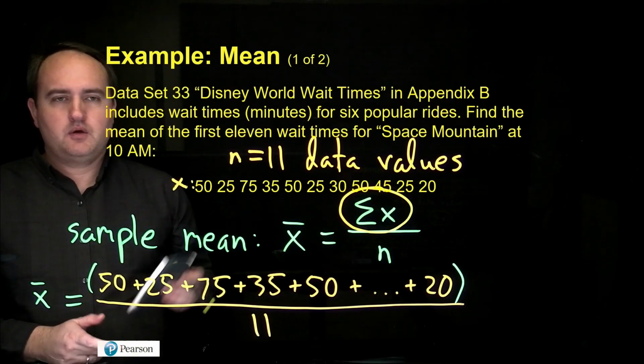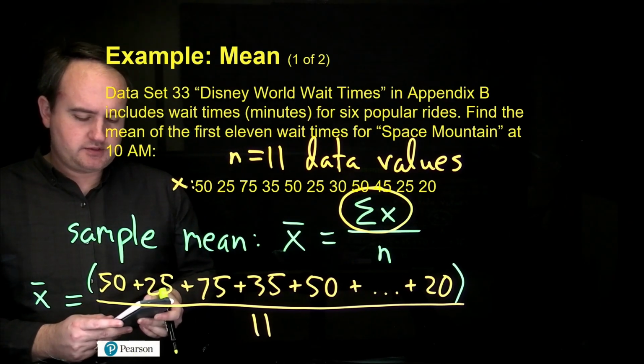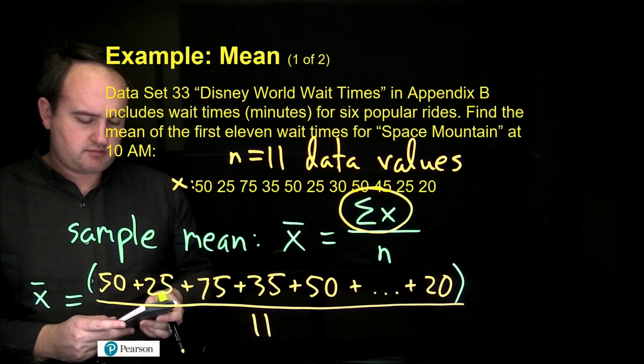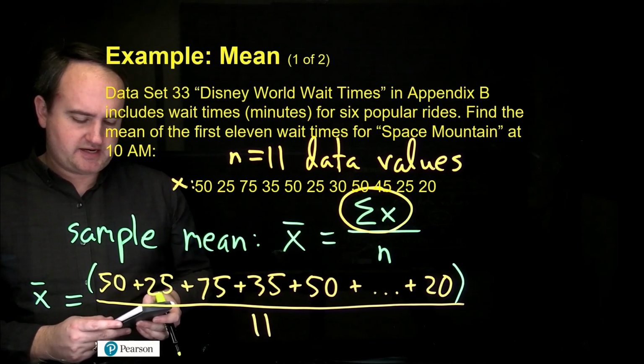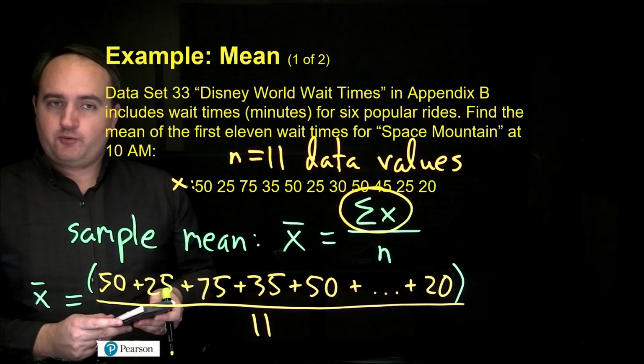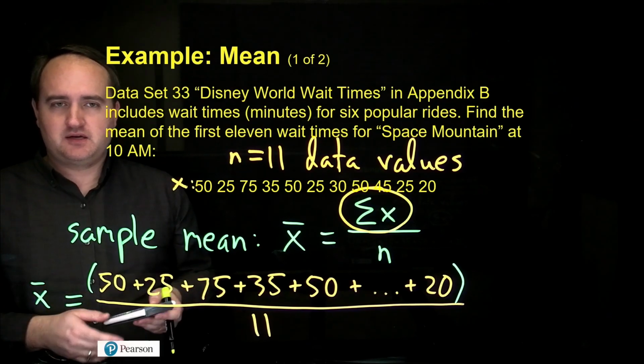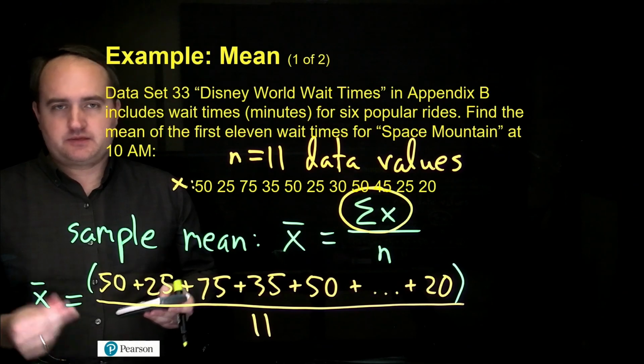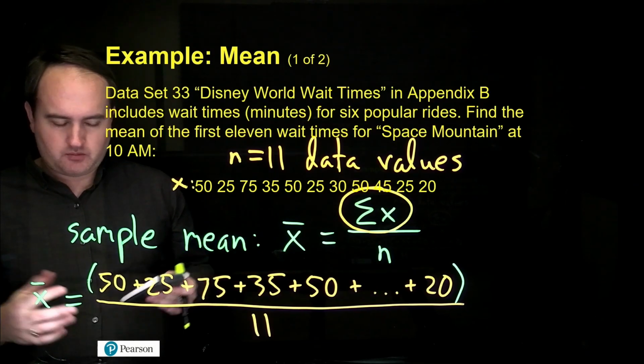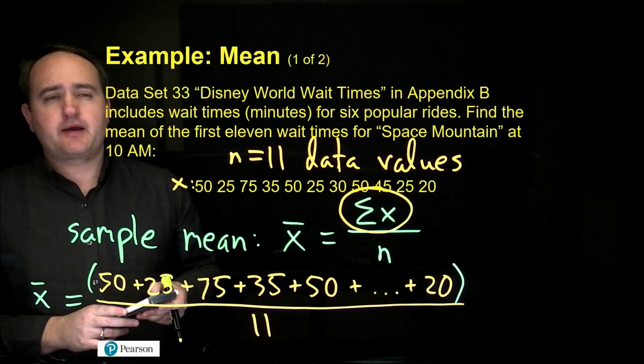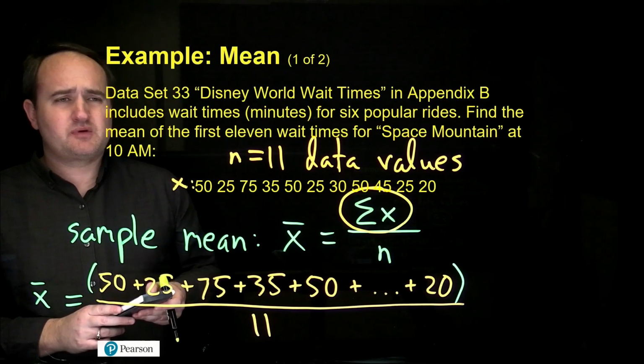So when you type them into your calculator, it's always good to just make sure you typed in the right numbers. So right now, I'm just going to look at the numbers that I typed in, which is a good habit, especially if you're taking an exam in my class or another class. You definitely want to check your work. But it does look like I typed in all the numbers correctly.